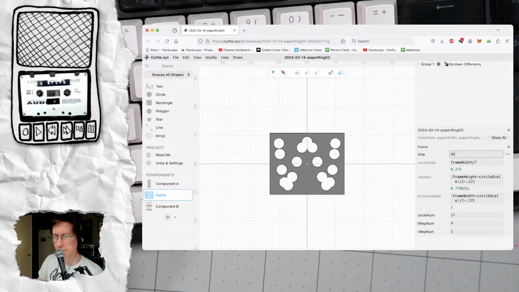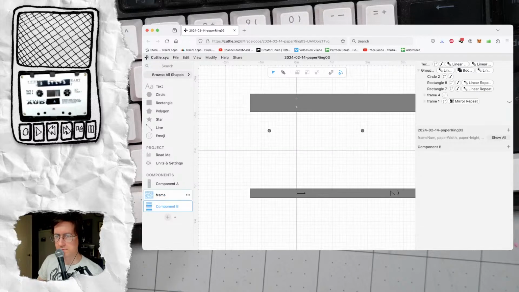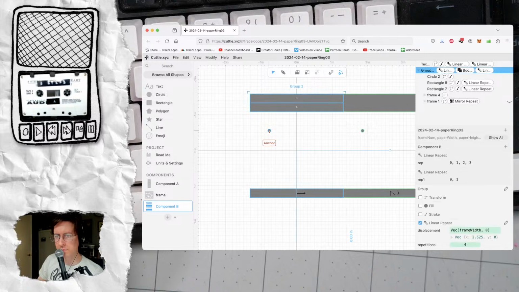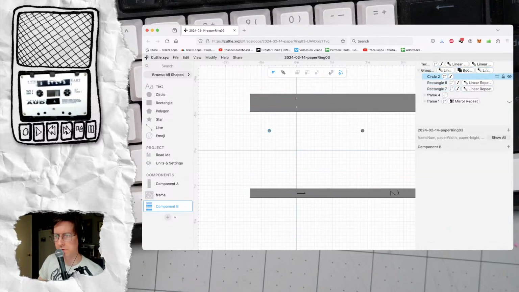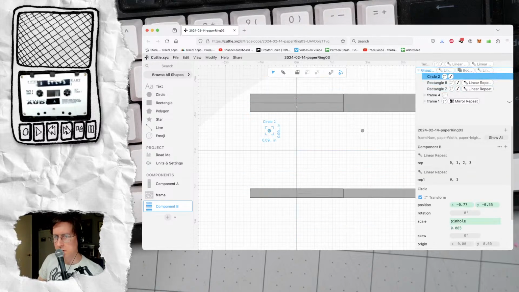This is what the animation is. It's only 8 frames long, but it gives a sense that it's longer. I don't know why I'm repeating. Oop, that's not what I want to mess with. Okay, let me... Oh, this is going to have a mirror as well, isn't it?